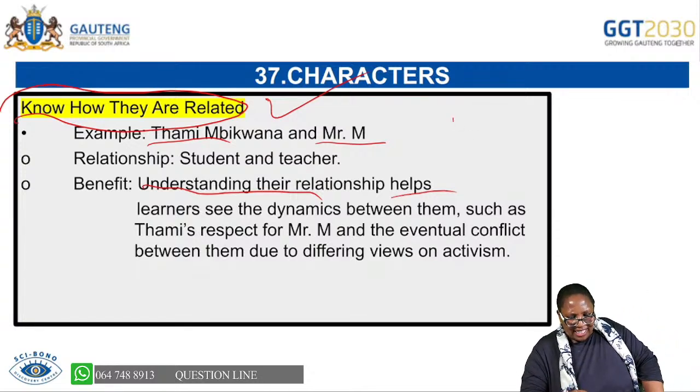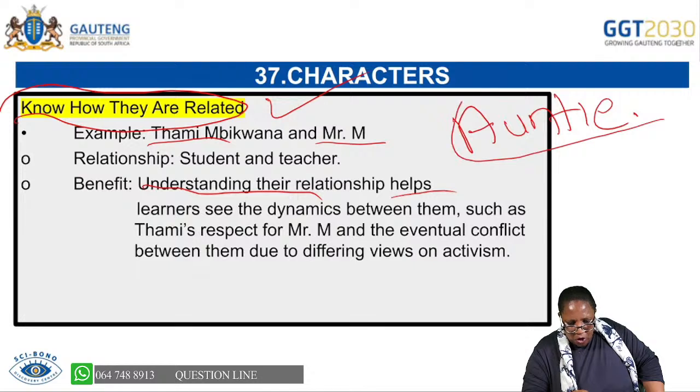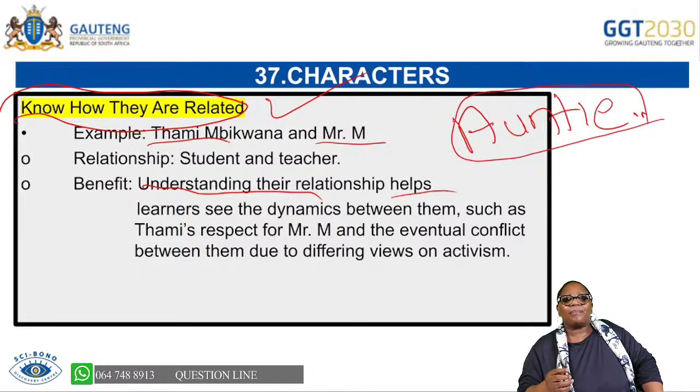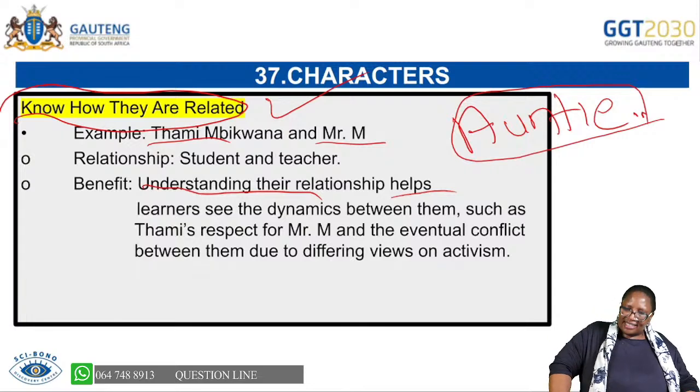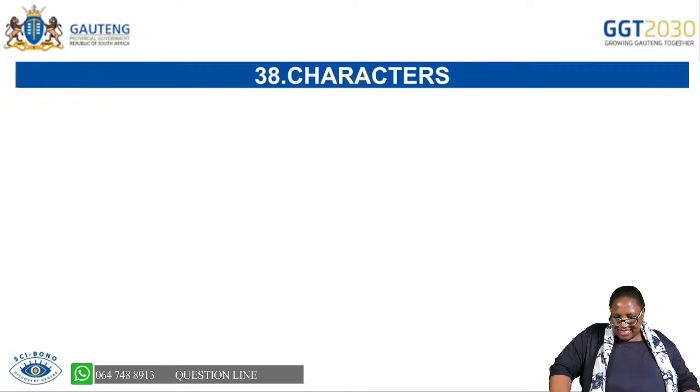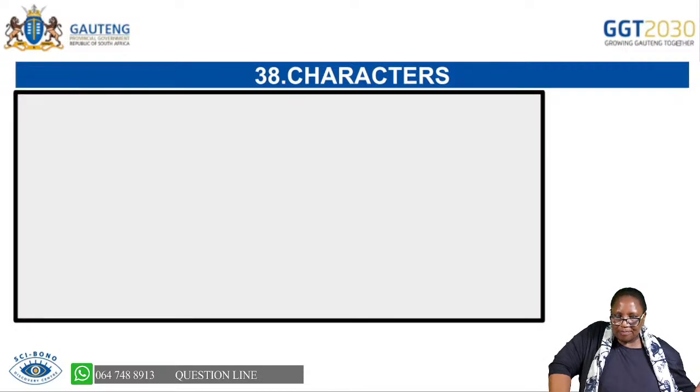If you know the relationship between Isabel and Auntie, then you will know that Auntie is Isabel's domestic help. They have interactions in the morning during breakfast.